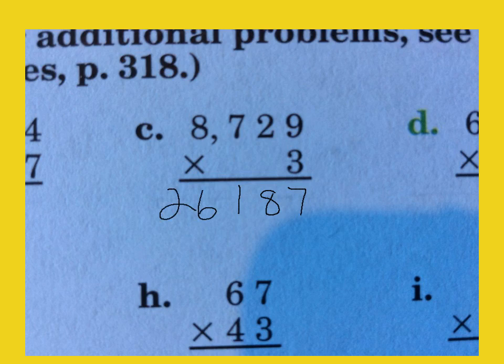Remember, our comma goes 1, 2, 3 places over. And so our answer is 26,187.